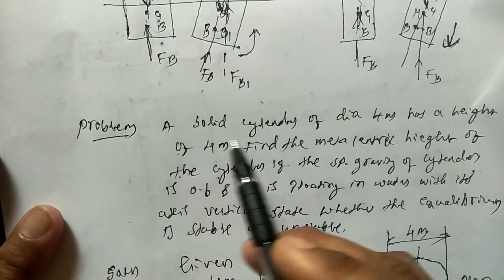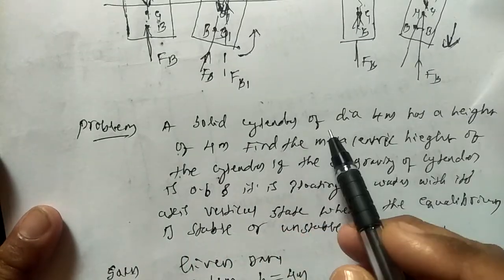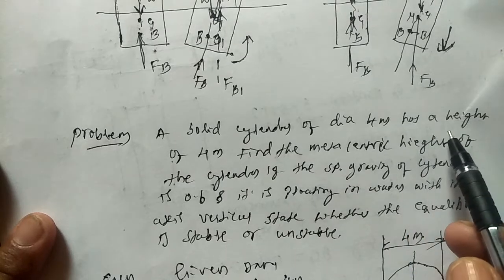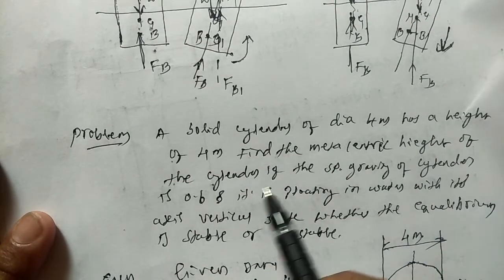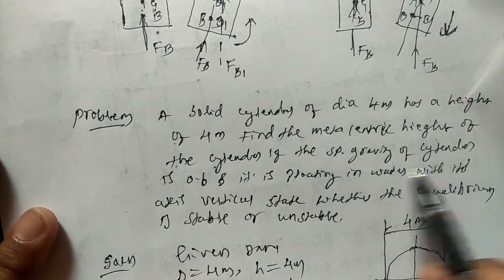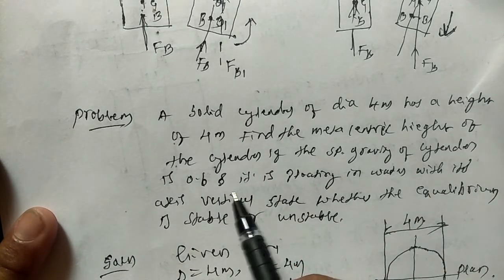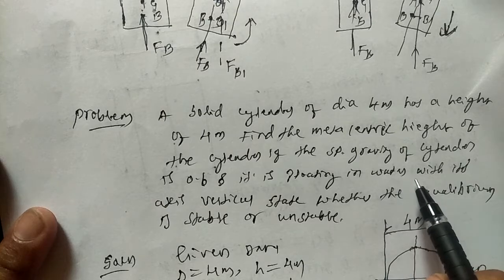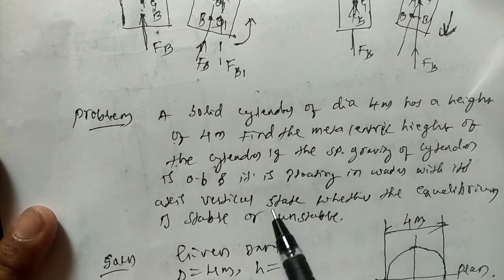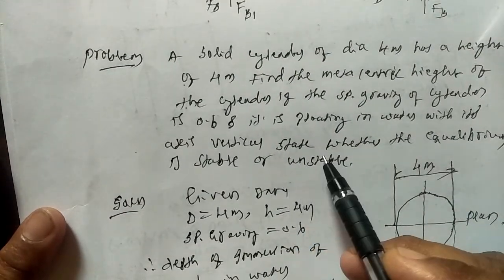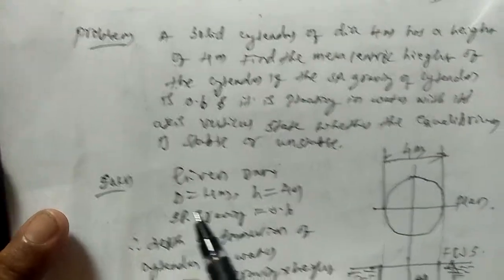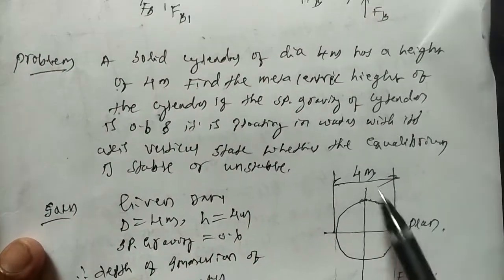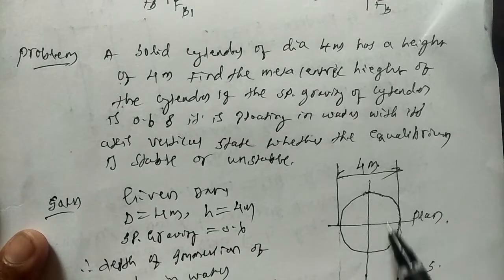Let us consider a solid cylinder of diameter 4 meter and height 4 meter. Find the metacentric height of the cylinder if the specific gravity of the cylinder is 0.6 and it is floating in water with its axis vertical. State whether the equilibrium is stable or unstable. According to the condition given in the problem, you have to sketch the figure.